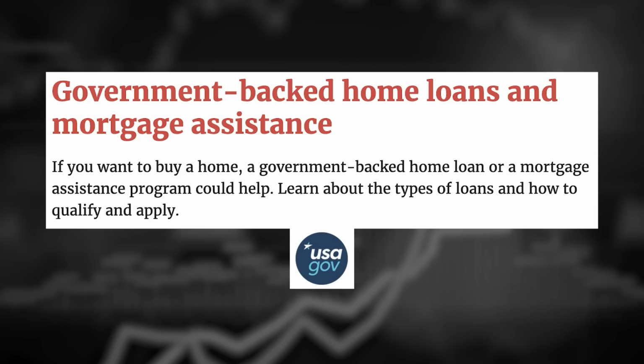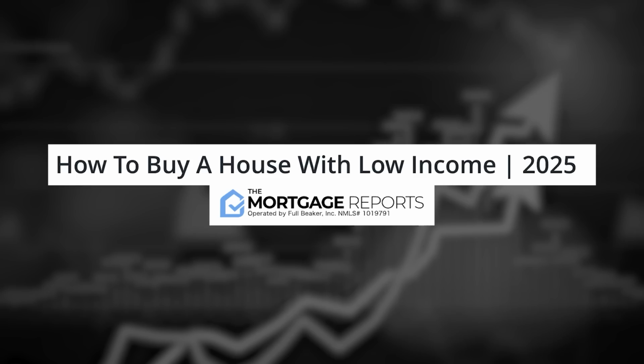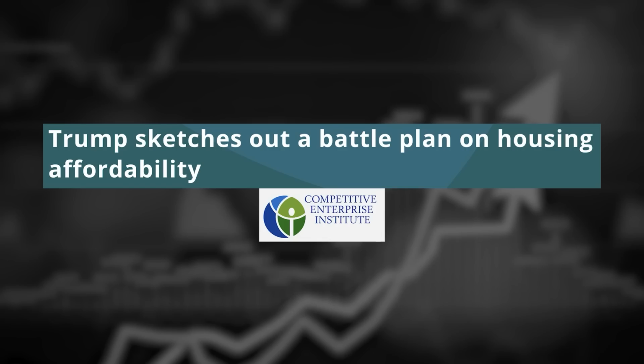What we've done in the past is we've just tried to create these programs in order to make the higher prices more affordable in terms of a monthly payment and a down payment. And why is this important? Because in approach number 1, the free market approach that Donald Trump is taking, prices actually will come down.